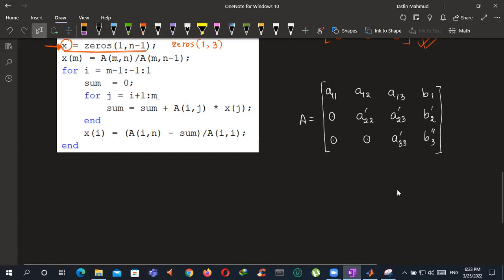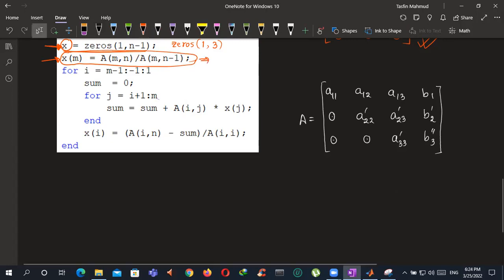So now we can calculate x3 first. That's why we're writing this second line. What does this line do?